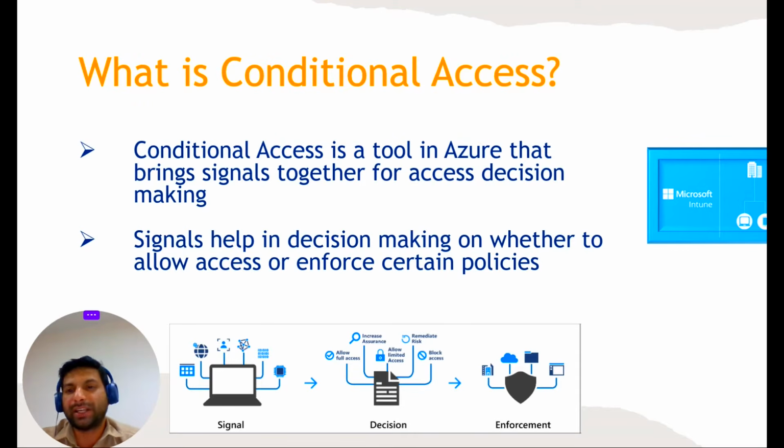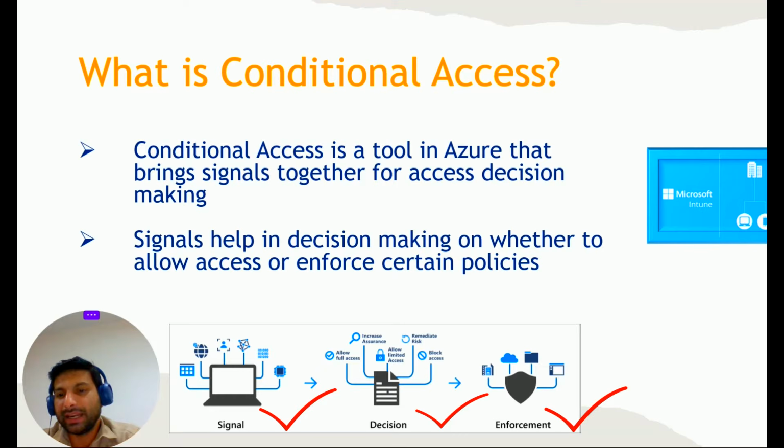There are mainly three criteria: signal, decision, and enforcement. Signals help to make a decision on what to do if signals are detected. Signals can be like users and groups, which means who is accessing, and which group he is part of. It can be IP location, from where he is accessing. Is he accessing from a trusted location or a specific application?